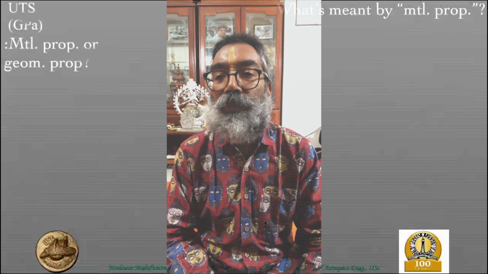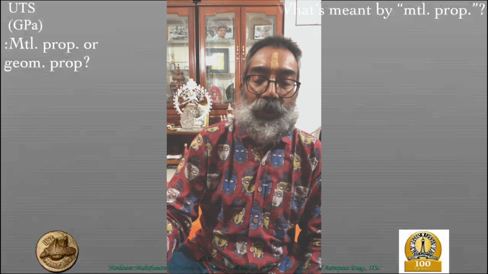Yeah. So we can classify properties broadly into two kinds, geometric properties and material properties. Those properties which do not vary with the geometry, which vary only when you change the material itself, are the ones called material properties.